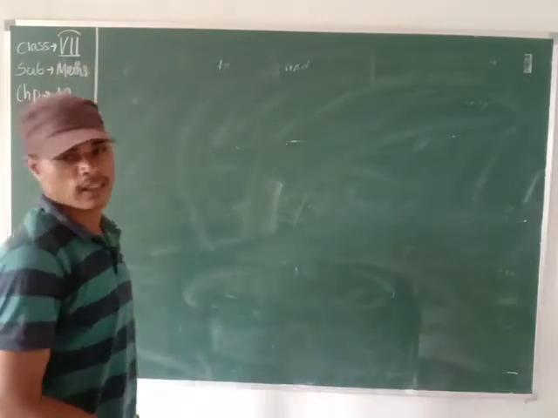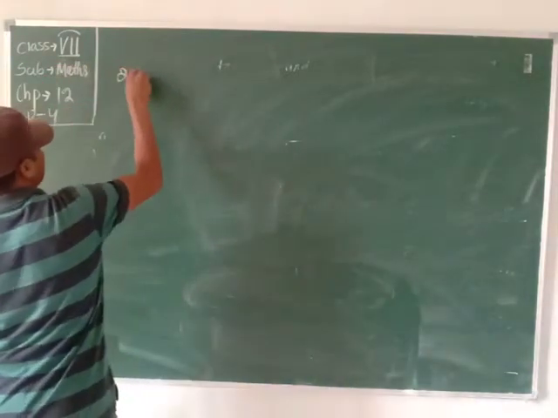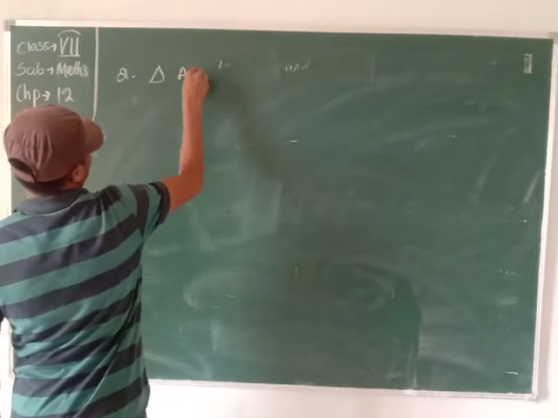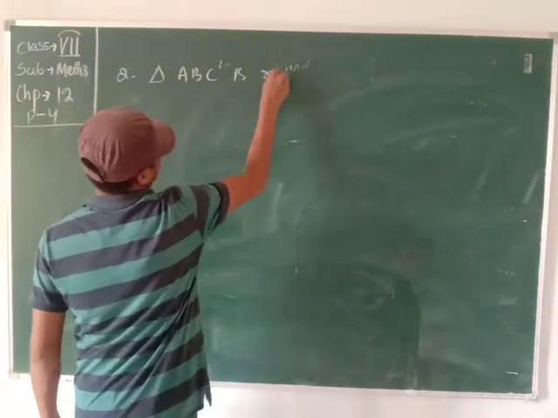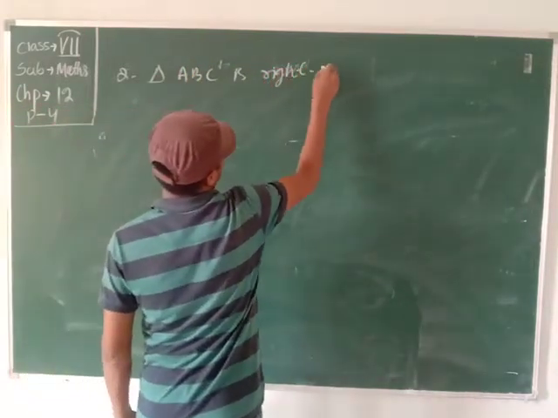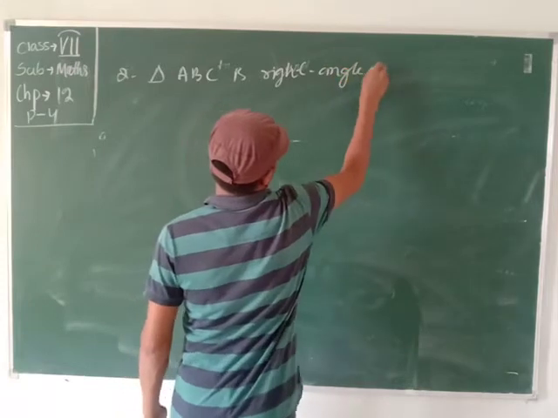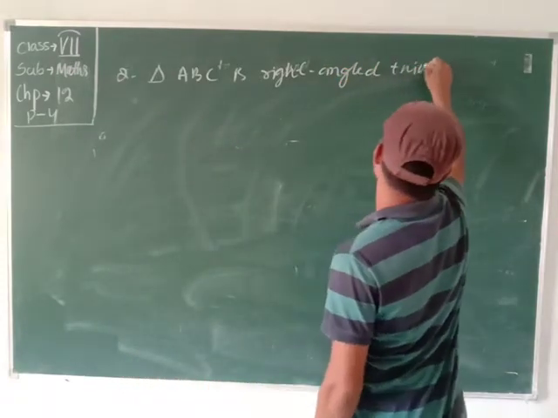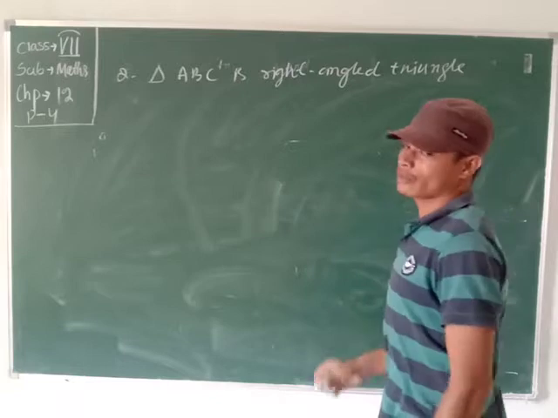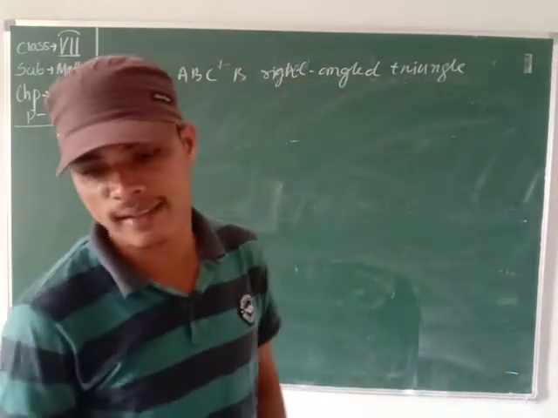Triangle ABC is a right angle triangle. The question is given: triangle ABC is a right angle triangle. That means here one triangle is given, that is a right angle triangle.